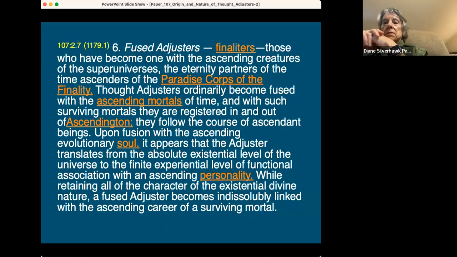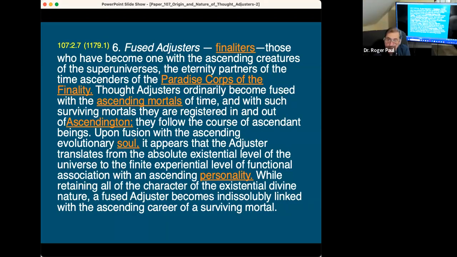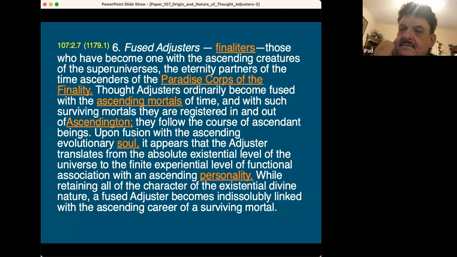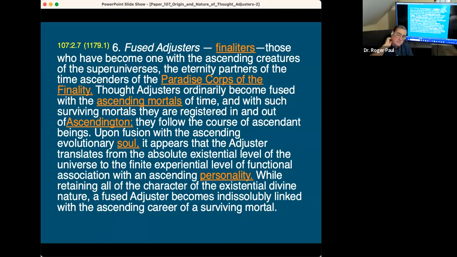The adjuster goes from Divinington, but once it's fused with an ascending mortal, it never goes back to Divinington again. From that moment on, it always calls Ascendington home, because we're ascending up the scale. So Ascendington becomes our home, our Paradise home, because of this fusion with the soul of evolutionary mortals.